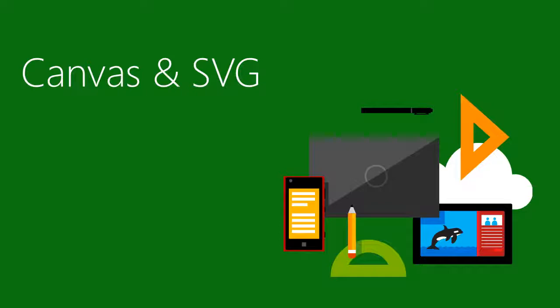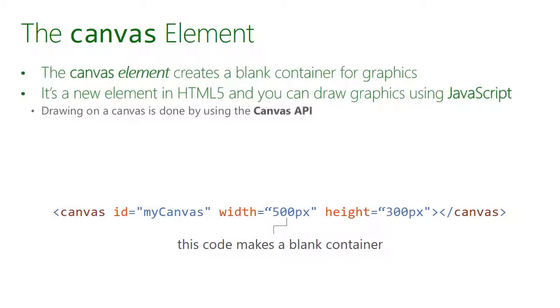Let's have a look at Canvas and SVG. Within the PDF book for this MTA course, you can find examples of a lot of what we're going through in this course. Another really great place to look is W3 Schools.